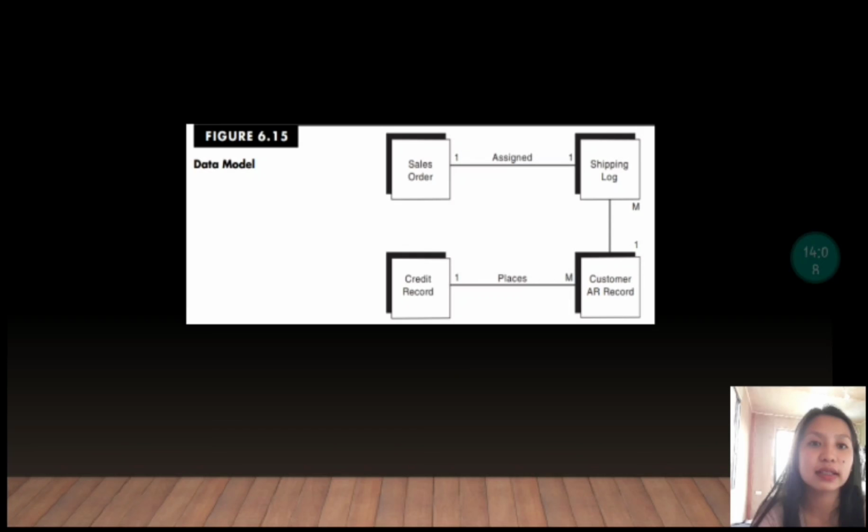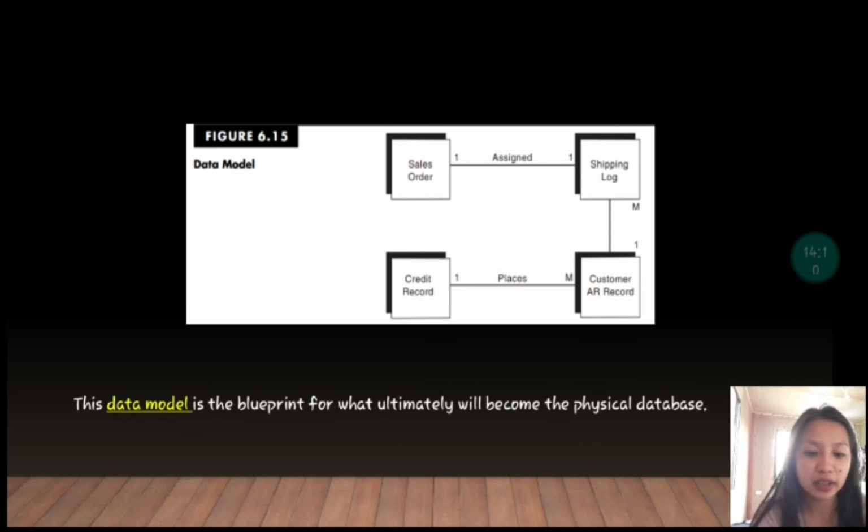So you can see that this is a data model. System designers identify entities, and they prepare a model for those entities. As you can see, the data model is the blueprint for what ultimately will become the physical database.